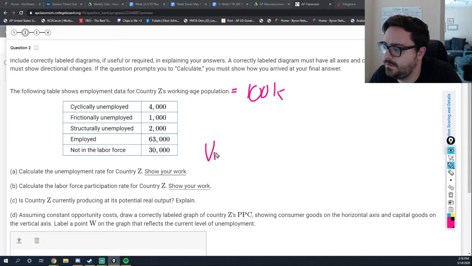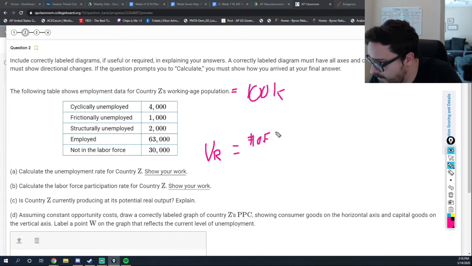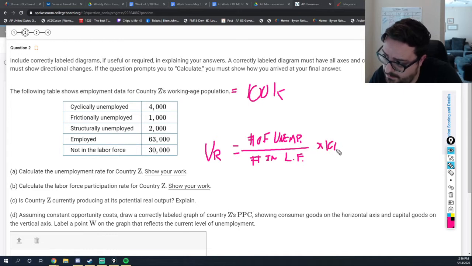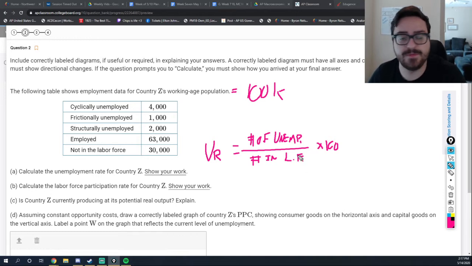This is meant to be a U, not a V. Disclaimer: this is UR, unemployment rate, equals number of unemployed, I'm going to put unemp, over number in the labor force, times 100. This is a formula people tend to forget, and this bottom part is what they tend to screw up every time. This happens a lot.